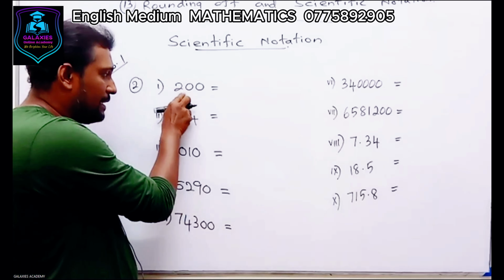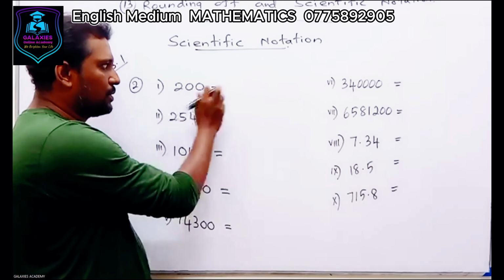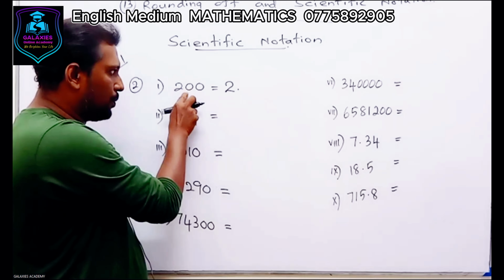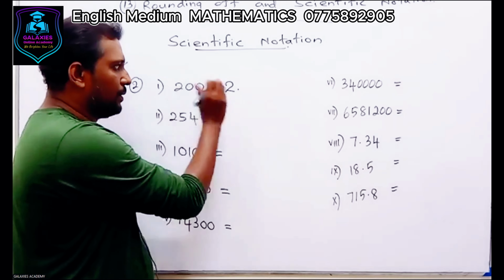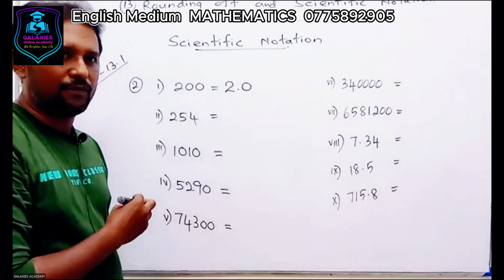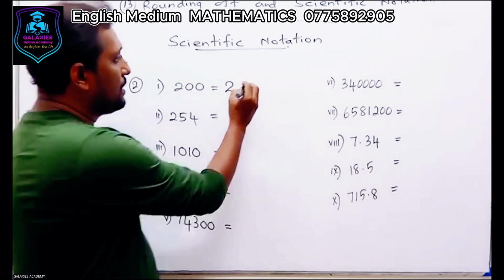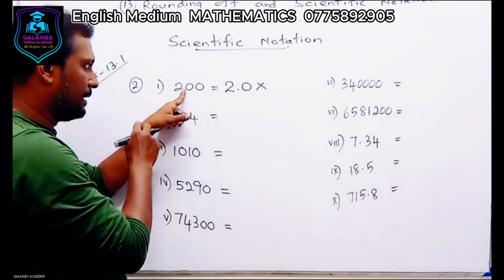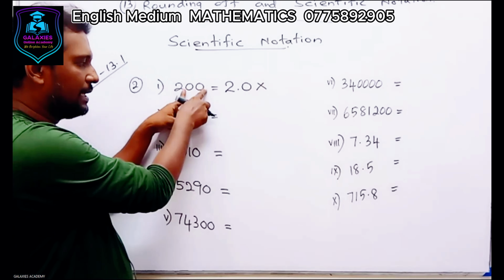First one, look at 200. The first digit of this number is 2. So you have to keep the decimal point after 2. 2.00. No need to write down 00, only the 2.0 is enough, right? Then you check, I kept the decimal point here, but the initial number's decimal point is here.